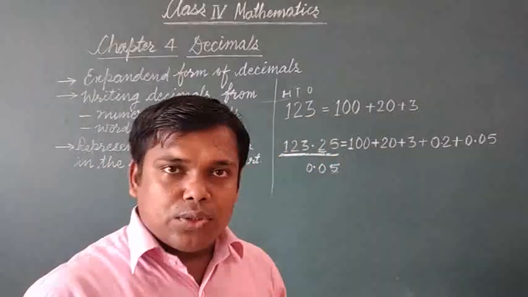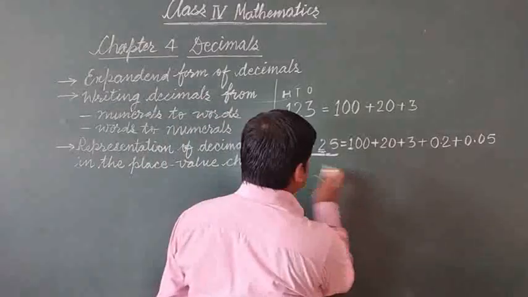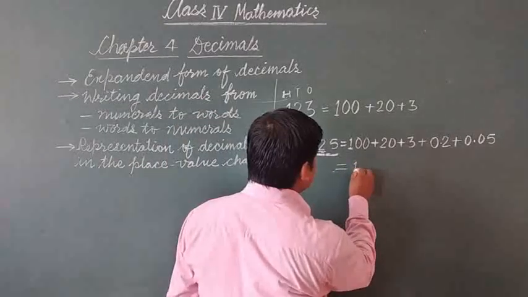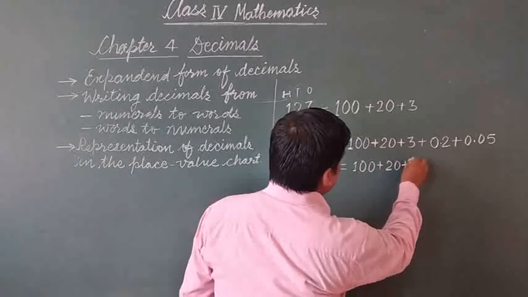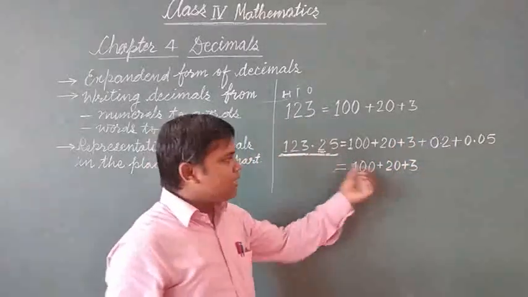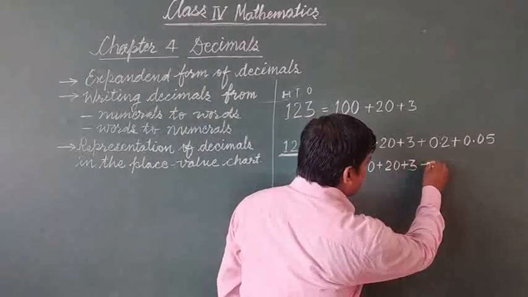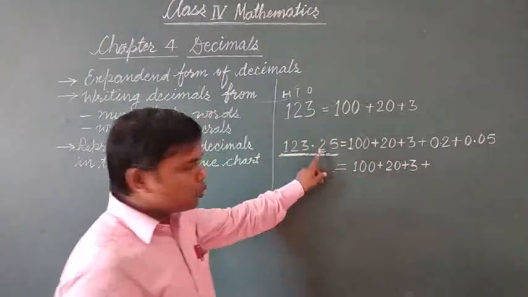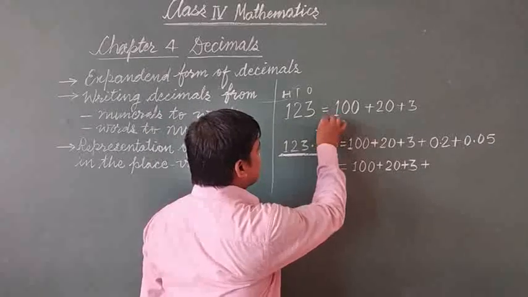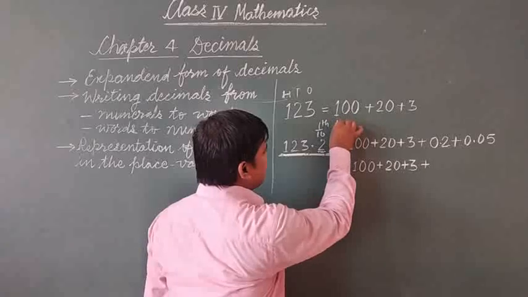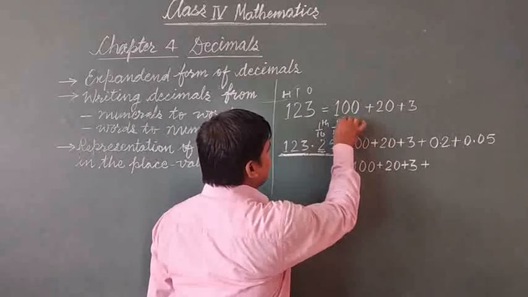Another way you can also write it like this: 100 plus 20 plus 3. Thereafter, as you know, 2 is at the tenths place, 1 upon 10. Here 5 is at the hundredths place, 1 upon 100.